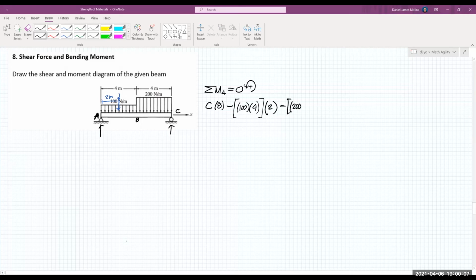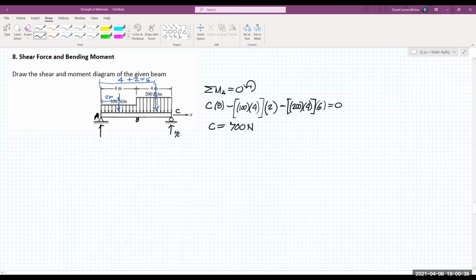We have 200 times 4 as its resultant force. The location of the resultant force will be located at 4 plus half of 4, that's 2 meters. So that's 6. So the lever arm will be 6. That's equal to 0. So the reaction at C is actually 700 newtons.